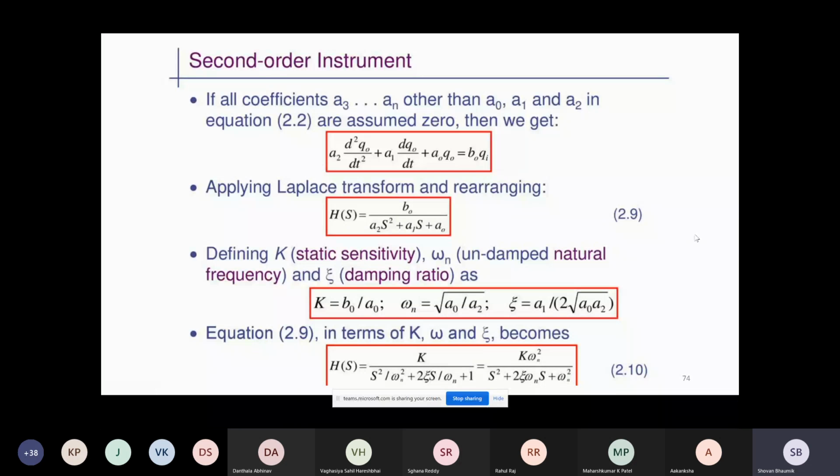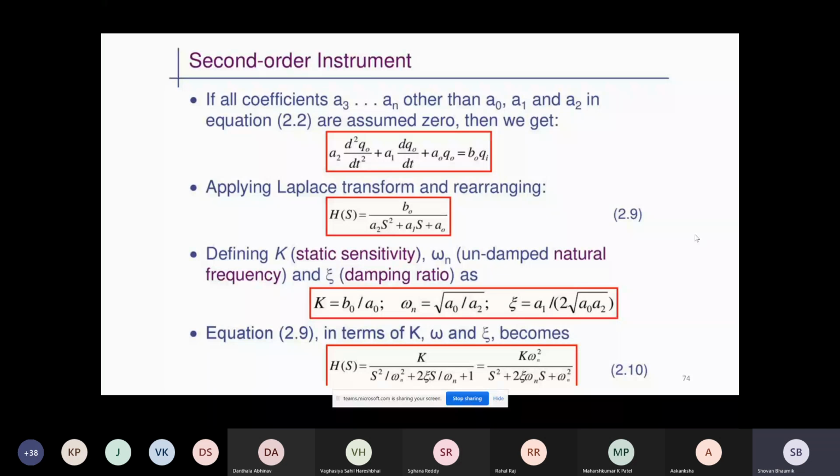And so you see, if you see equation 2.10, there are three constants. One is k, another is omega n, another is zeta. And these three constants have three names. K is the static sensitivity, because in the steady state, the input-output gain is defined by the K. Omega n is called the undamped natural frequency of the system.